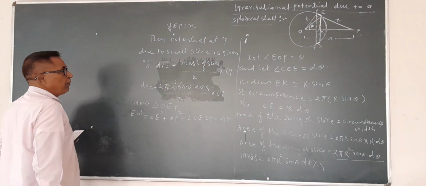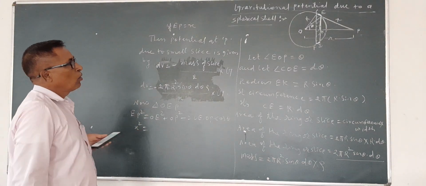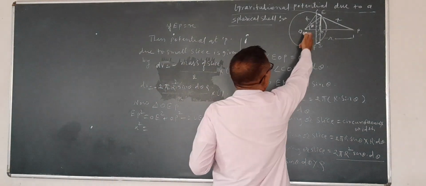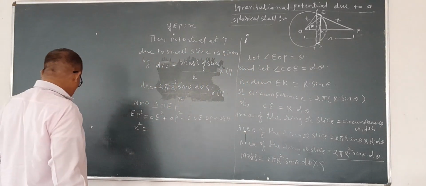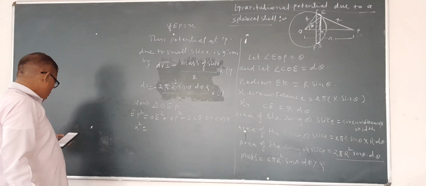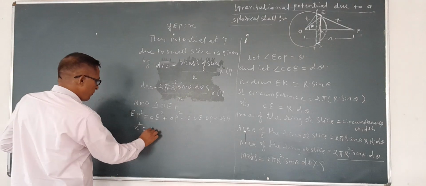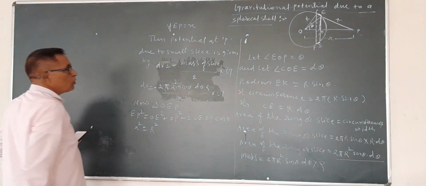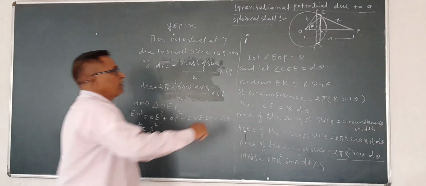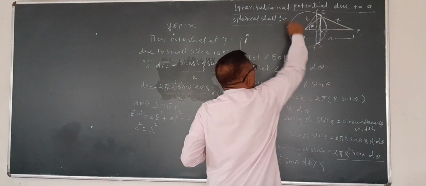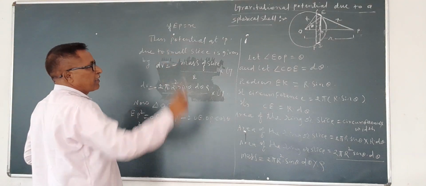But here EP is x, and OE is the radius of this slice, the radius of the spherical shape.